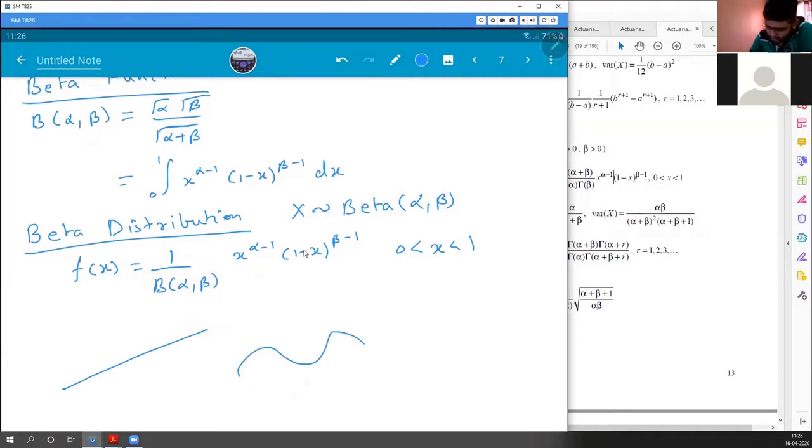So it can form parabolas, curvy lines or whatever different kinds of lines, just by manipulating the values of alpha and beta. So we can convert beta distribution into any distribution or even fit into any kind of graphs.